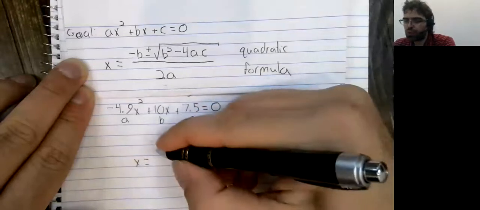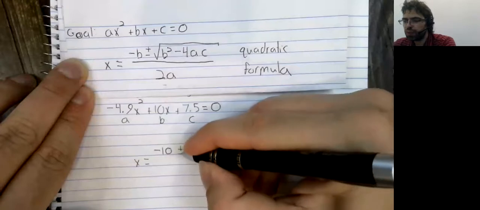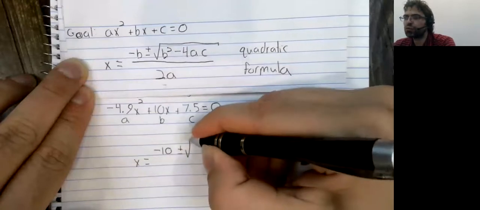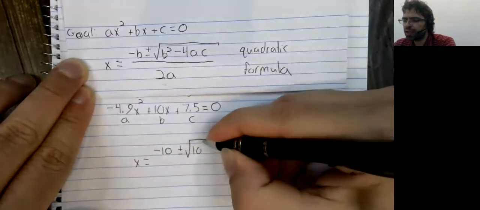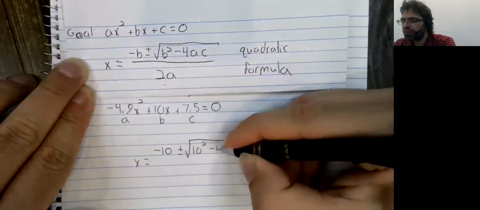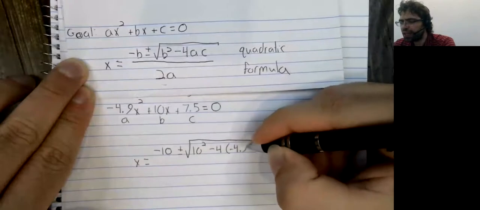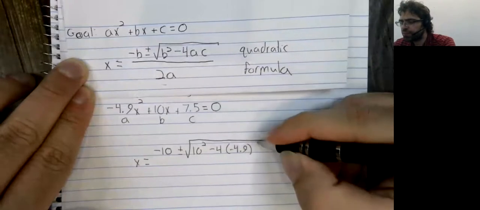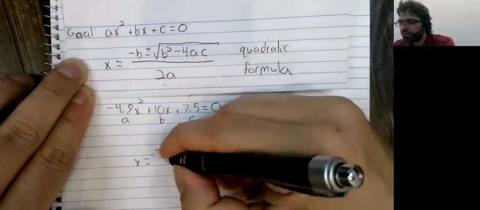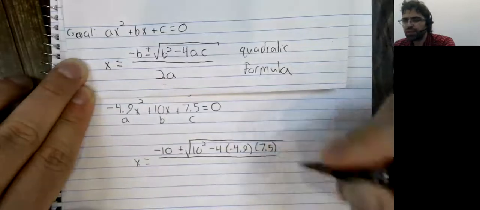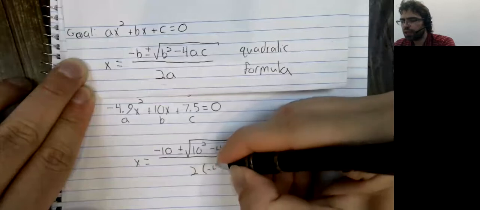x equals negative b plus or minus the square root of b squared minus 4 times a times c, divided by 2 times a.